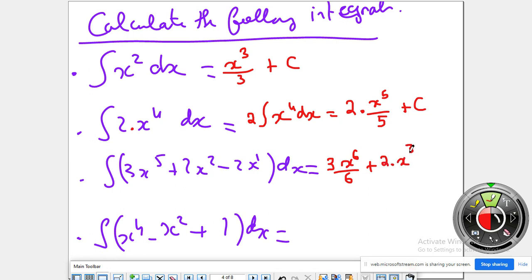X I add 1 3 over 3 minus 2 x1 يعني بتصير x2 over 2 and I don't want to forget the constant plus c.